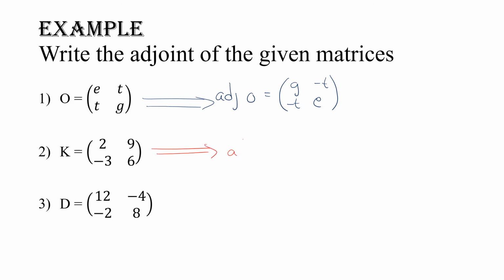So the adjoint of K is actually switch the position of the leading. So that will be 6, 2, and then you see this 3 here is negative. So for the adjoint, it will be positive. And the 9 will become negative. Story done.